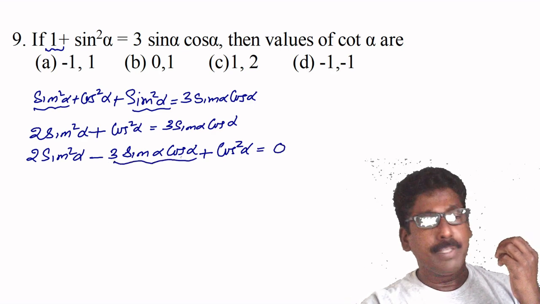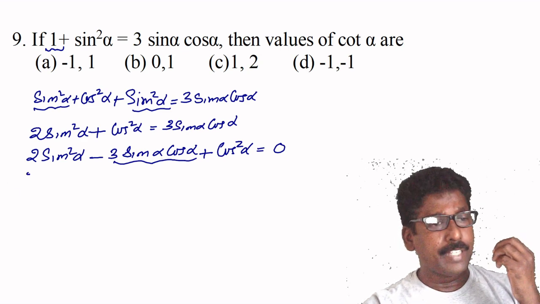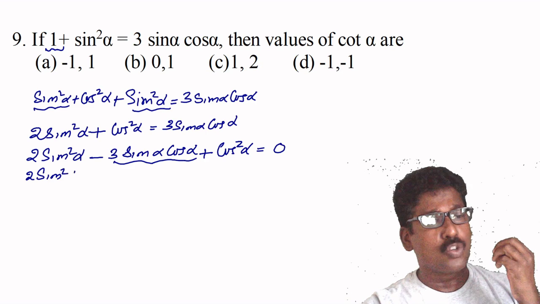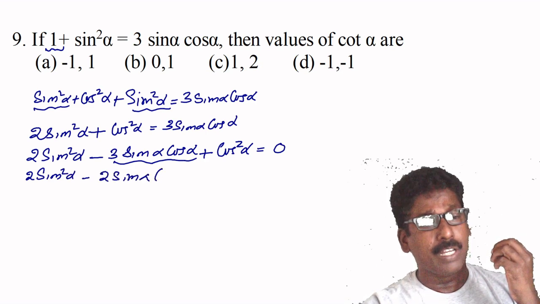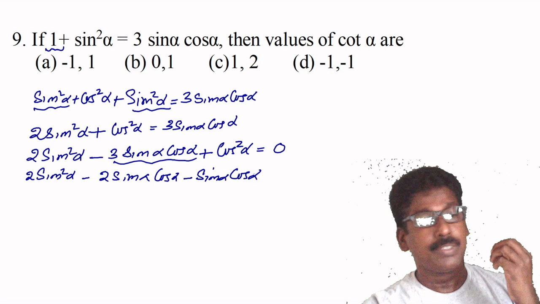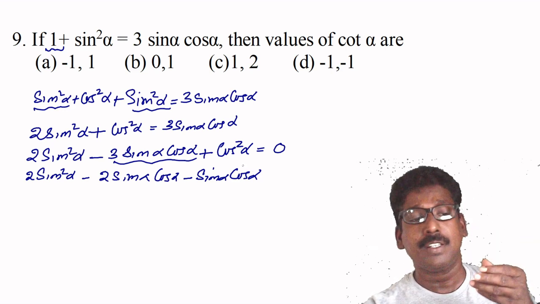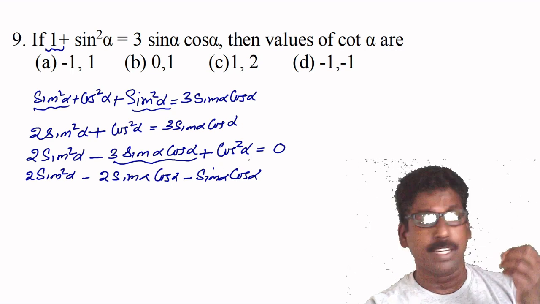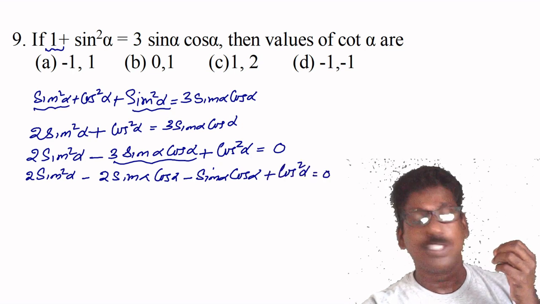Now let me split the middle term minus 3 sin alpha cos alpha, that you can write it as 2 sin square alpha minus 2 sin alpha cos alpha, again minus sin alpha cos alpha, plus cos square alpha is equal to 0.